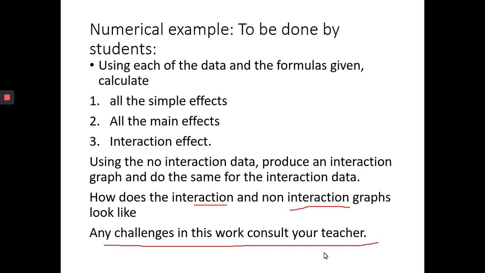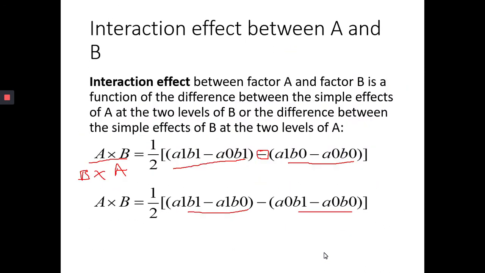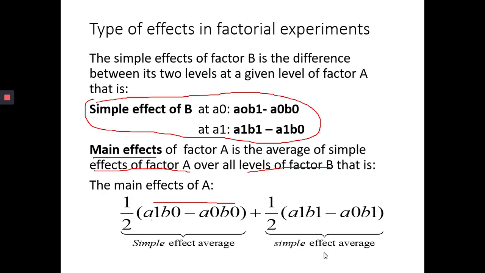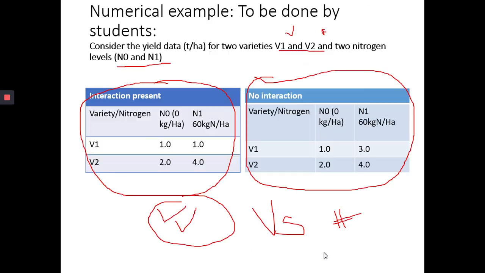Just use the formulas here. What is your A naught? What is your B1? What is your B naught? Plug into the formula, and you can get the interaction, the main effects, and the simple effects. The only difference now is that you are actually using the data. Which one is your A naught? Which one is your A1? You can choose any A naught, A1. Then you plug into the formula. There is nothing new, really, nothing difficult.